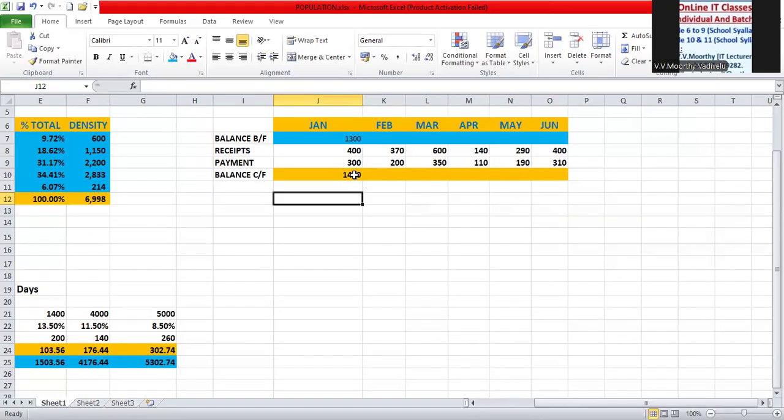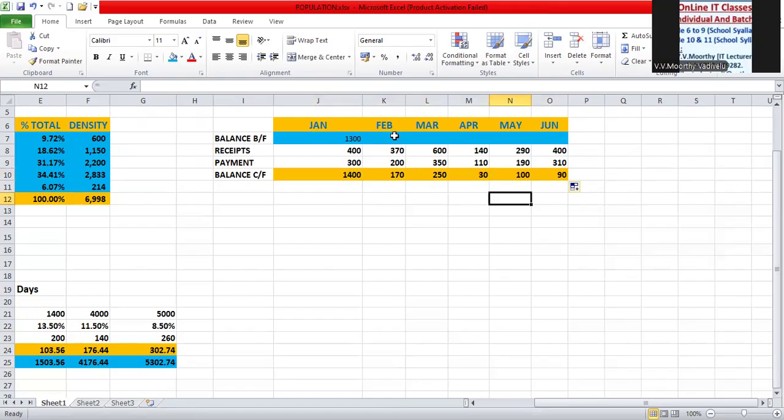So this 1400, January's balance, is carried forward to February, then February to March, March to April, April to May, May to June. So copy this one, the same calculation.